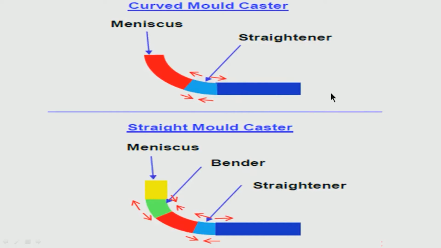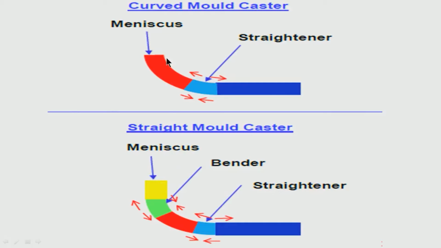I have mentioned that there is a possibility of some inclusions getting generated or entrapped in liquid steel, which will try to float up in the mold. Now, when inclusions are floating up, what is happening? If you have a straight mold, the inclusion will float straight up and get absorbed at the top of the mold, that means by the liquid slag at the meniscus level.